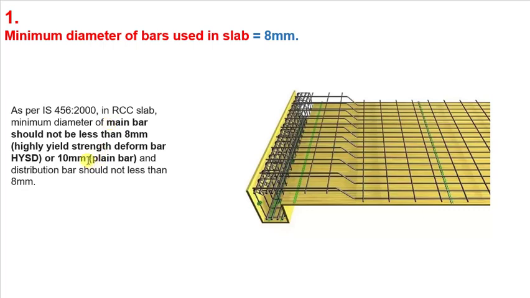But if our main bar is a plain bar, then we consider 10 mm as the minimum diameter of the bar used in the slab. And similarly, in case of distribution bars, it should not be less than 8 mm. So the minimum diameter of the bar for distribution bars in the slab will be 8 mm. Got it? So there is an image of a slab.